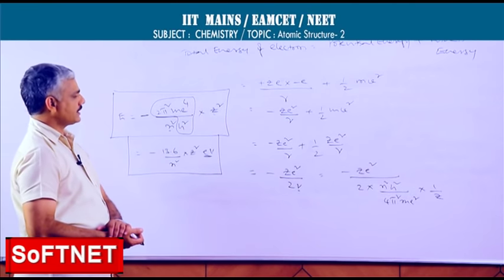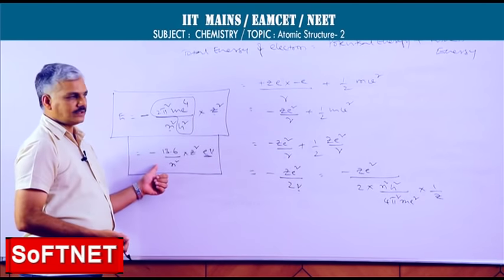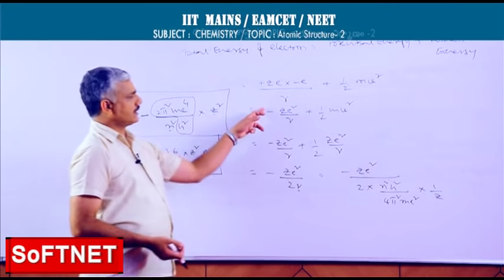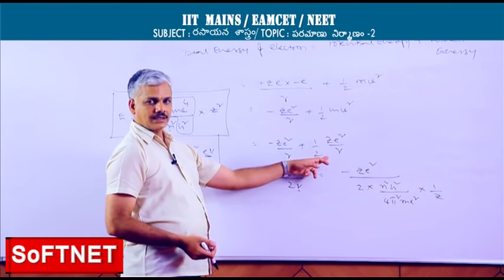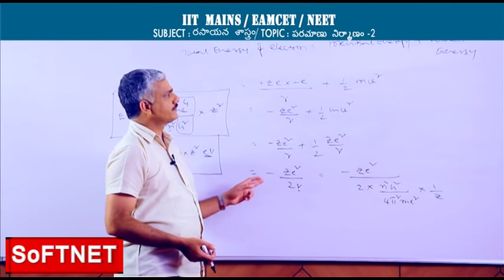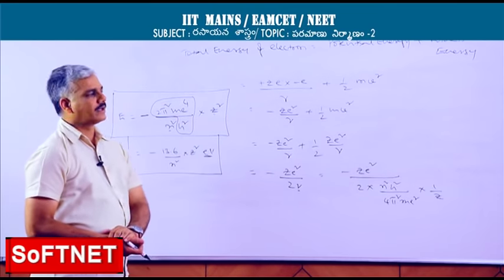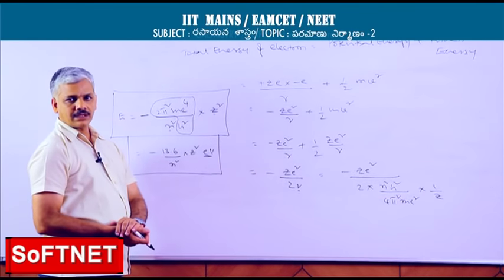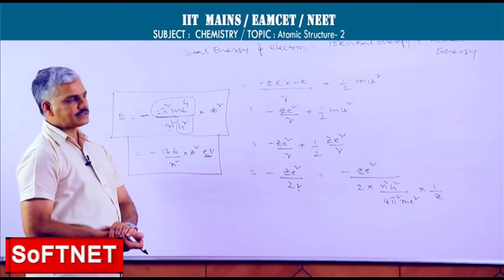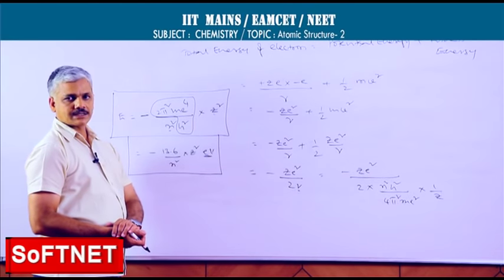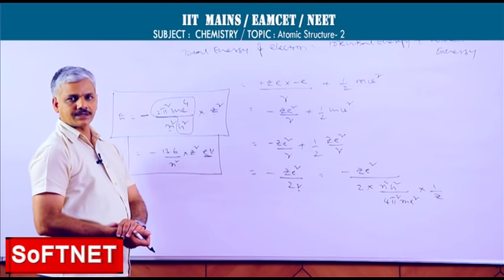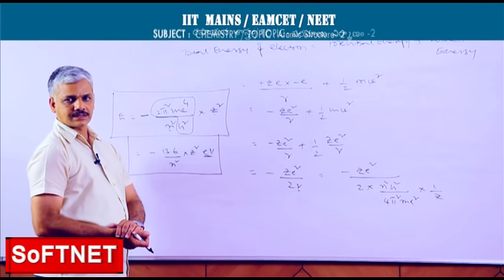You can calculate the total energy, potential energy, kinetic energy of electron. You can calculate the velocity with which electron is moving around the nucleus. We can calculate the distance of electron from the nucleus.